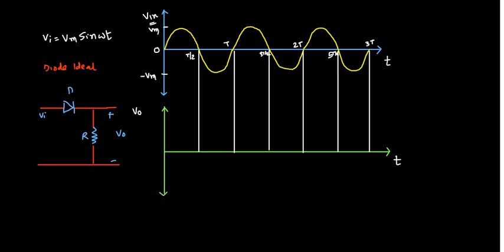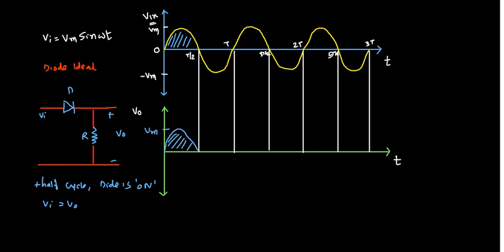Now for the positive half cycle, the diode is on, or you can say forward biased. So V input equals V output, that is Vm. It is reaching up to Vm because we consider the diode to be an ideal diode.